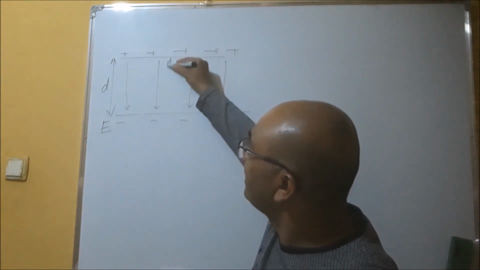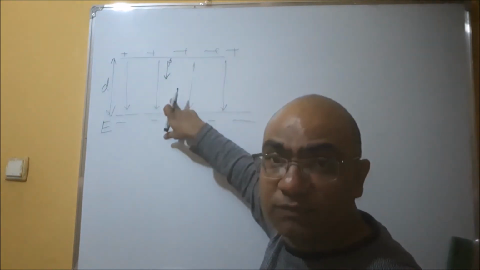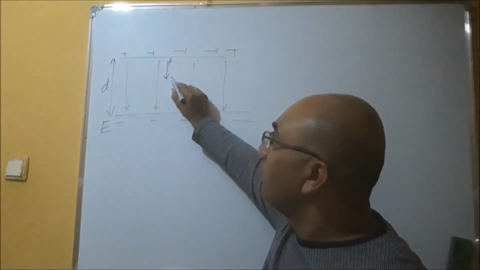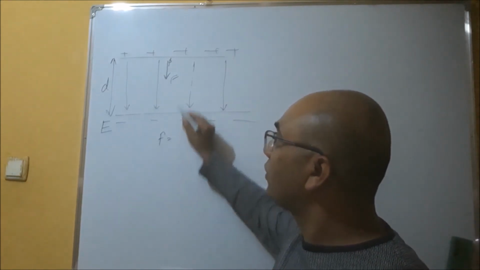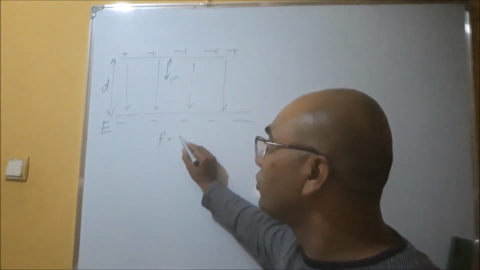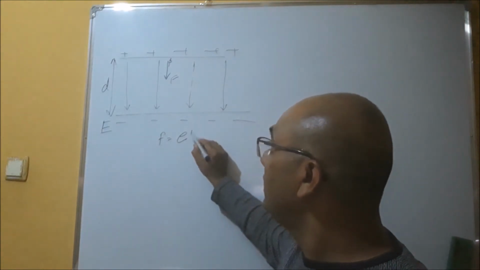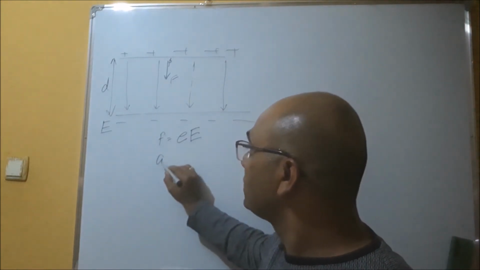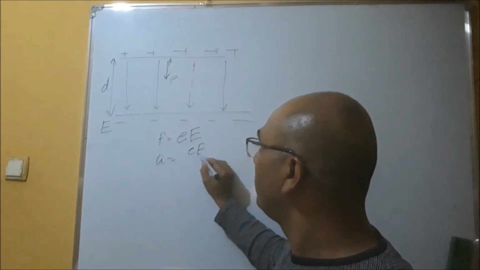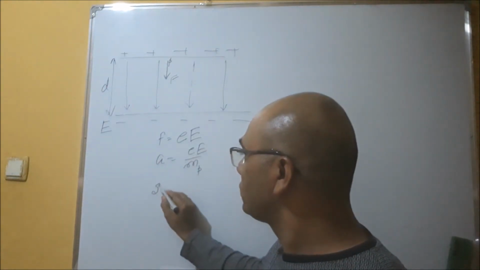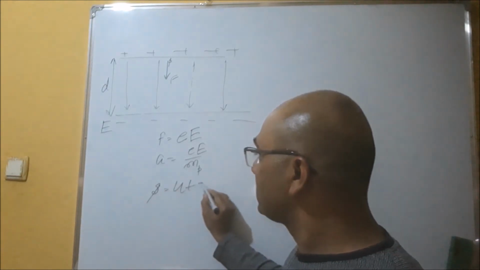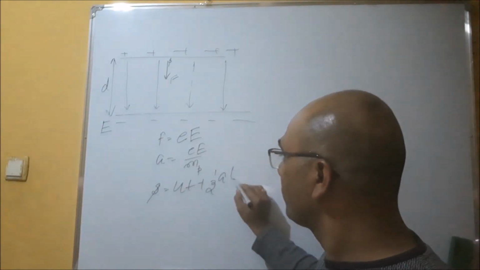Naturally, if it is positive, then it will experience a force in the direction of the electric field. So what will be the value of F? The charge on the proton is also E, so F equals E times E. Again, what is a? E upon m_p. So again s equals ut plus half at square.